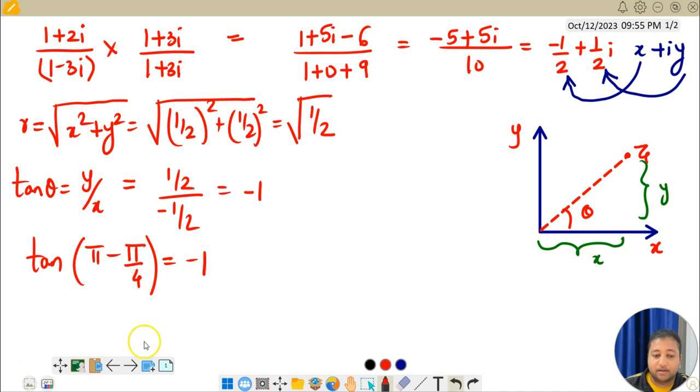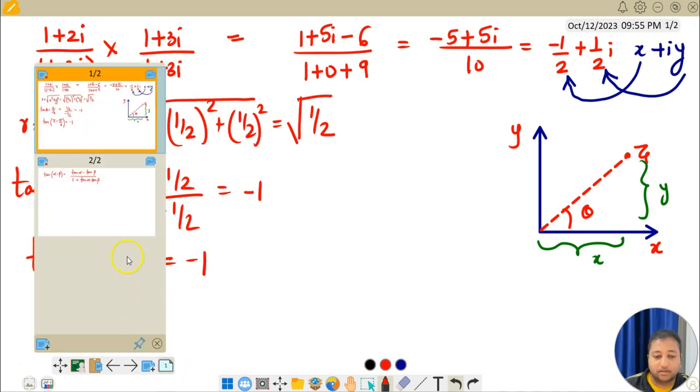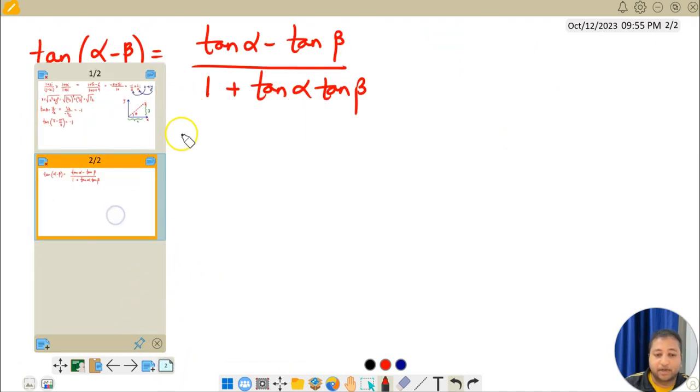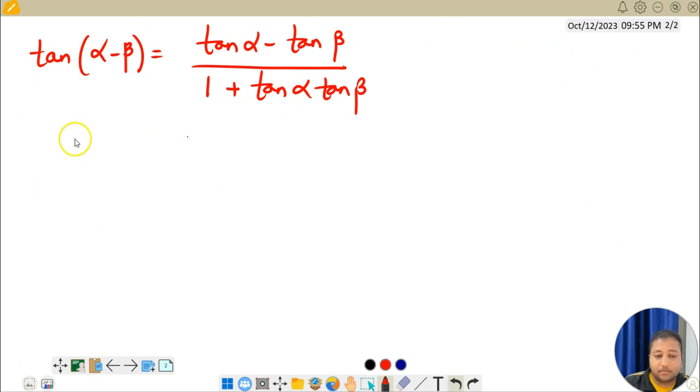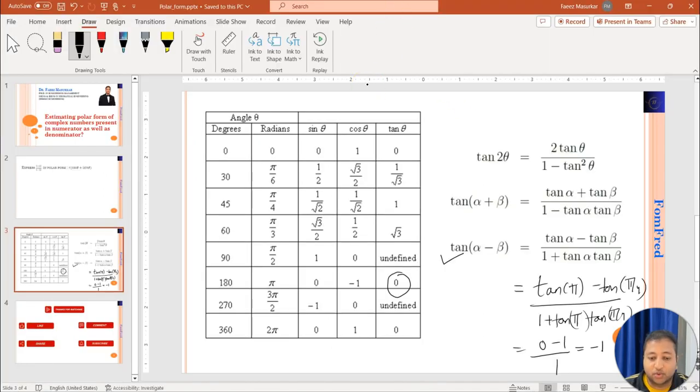How can I write this based on the identity that I have written here? If I substitute alpha as pi and beta as pi by 4, then this becomes minus 1. This is based on the values that I'm showing in this table.